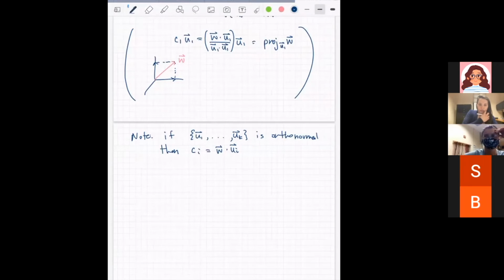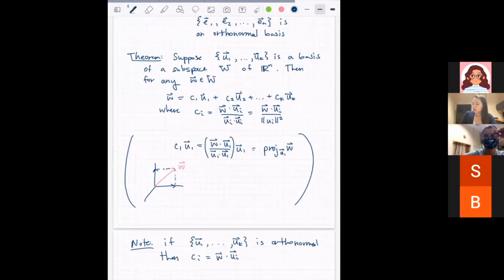Okay, so let's do an example. One thing to notice is that these are basis vectors, right? And if you write W as a linear combination in this way, this tells you that the representation of the vector W in the basis is the vector where you take these coefficients and just stick them into a vector.